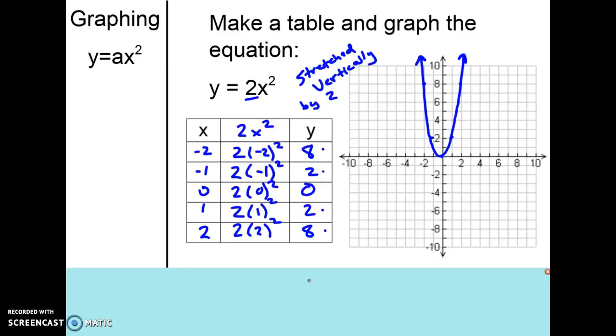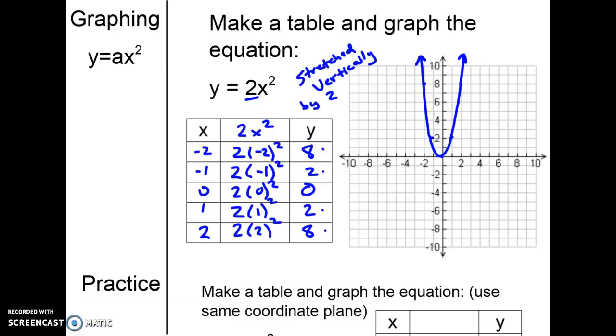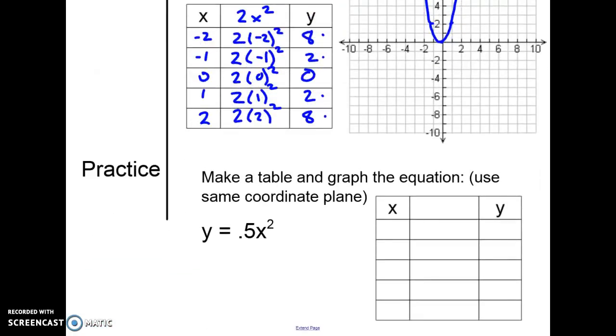All right. Now what I want to do is I want to take a look at something a little bit different. We're going to have a 0.5 or 1/2 out front. And this is where these numbers are going to get a little bit tricky. Which ones we're going to plug in at least. So we can still put 0.5 x squared here, but thinking ahead, we're still going to put 0 here, but remember we're going to have half of what we have there.